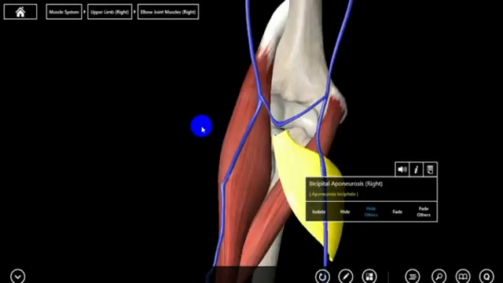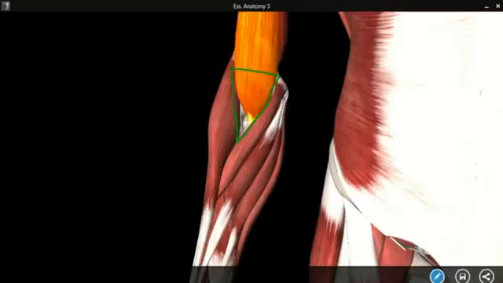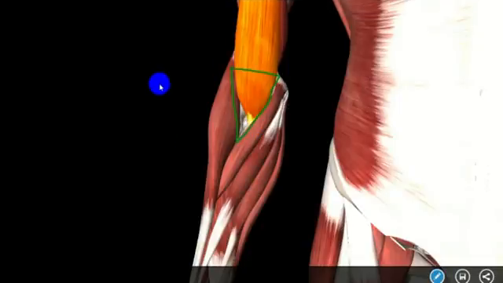Now let us get to the floor of the cubital fossa. Now the floor of the cubital fossa is formed by the brachialis muscle. This is the brachialis muscle. So the floor of the cubital fossa is formed by the brachialis muscle.